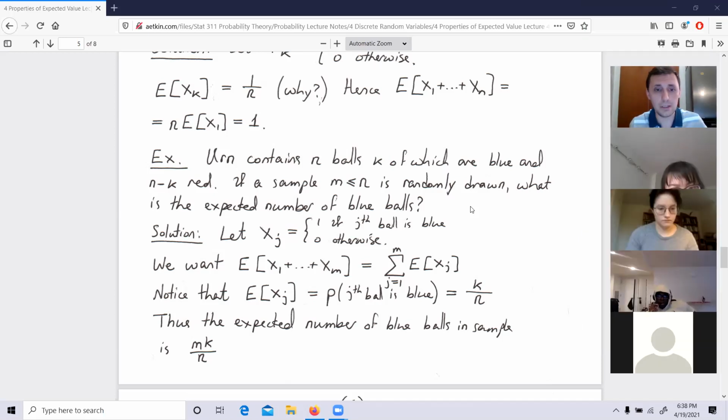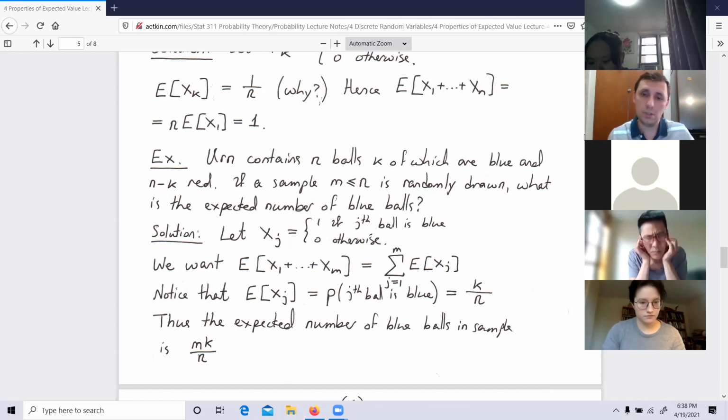That's the expected value of xj. And so the summation here, because they're all the same, it's k over n for each individual j. It's just k over n multiplied by m. Good? So I hope you think it's easy, but not just because you are able to carry out these examples, but you understand why the expected value can be broken this way.